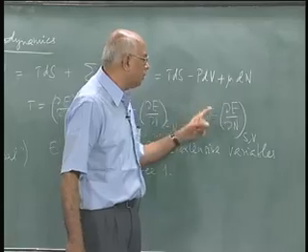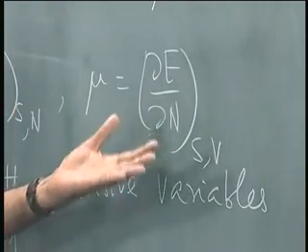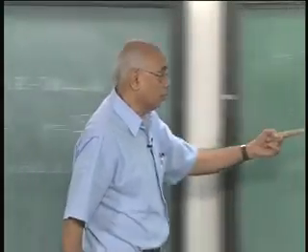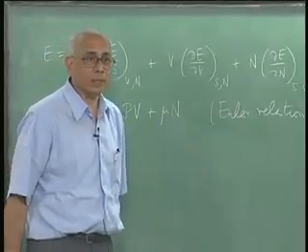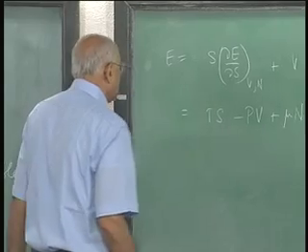The chemical potential is also equal to the rate of change of the internal energy with the number of particles at fixed entropy and volume, but this is not a directly experimentally accessible quantity, unlike this one. Now what is the consequence of this immediately?